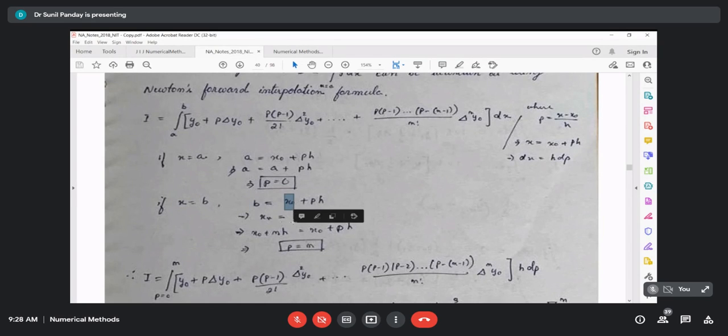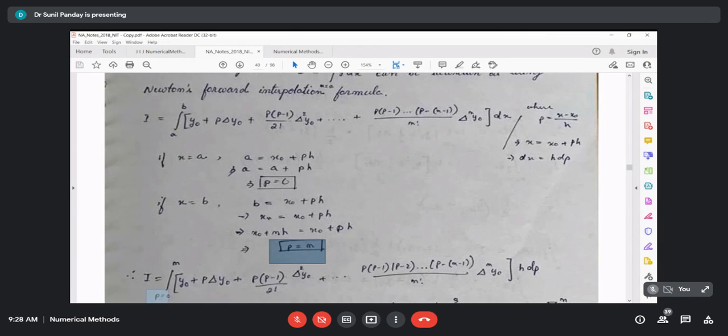I can also write in terms of xn, because xn is x naught plus nh, because b is xn. So x naught will cancel out here, and you have p equals n. So when x equals a, p equals 0, and when x equals b, p equals n.